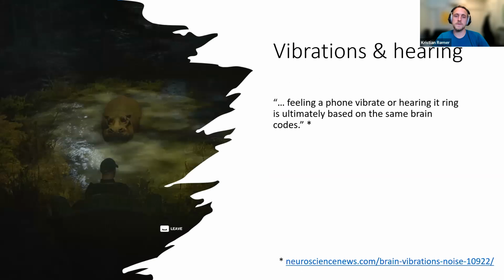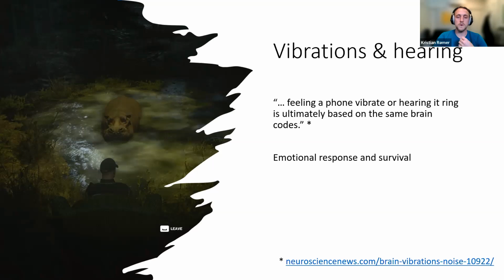So studies have found that vibrations and hearing are super tightly coupled together. And ultimately, it's based on the same parts of the brain we're using to hear sounds that we're also using to understand vibrations. And so we can imagine that a lot of the things that we know about audio and sound can be used for vibrations as well.